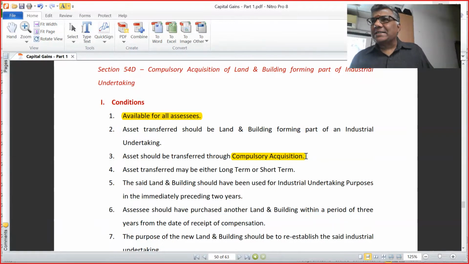It is taxable only when the compensation is received. However, the numerator will be the year of compulsory acquisition. If it is a depreciable asset, till the compensation is determined, keep claiming depreciation.